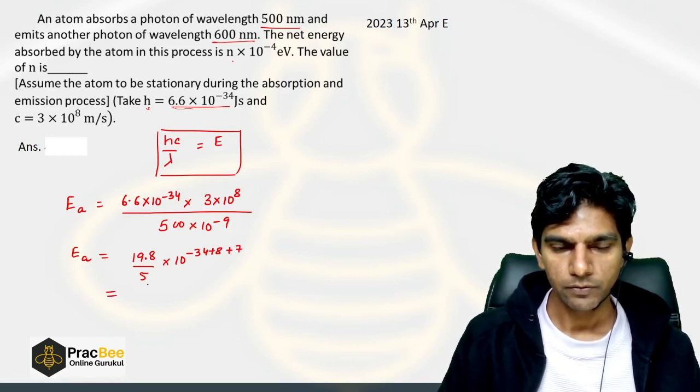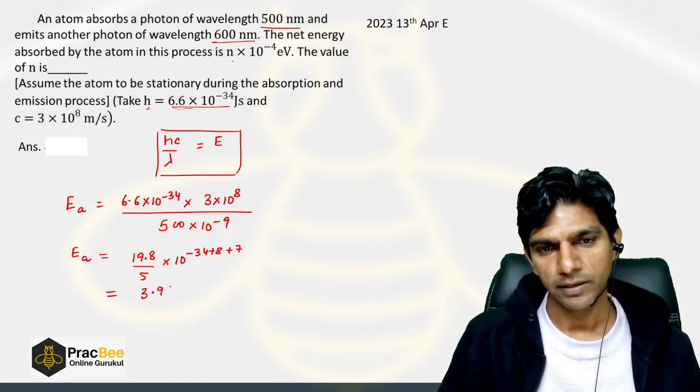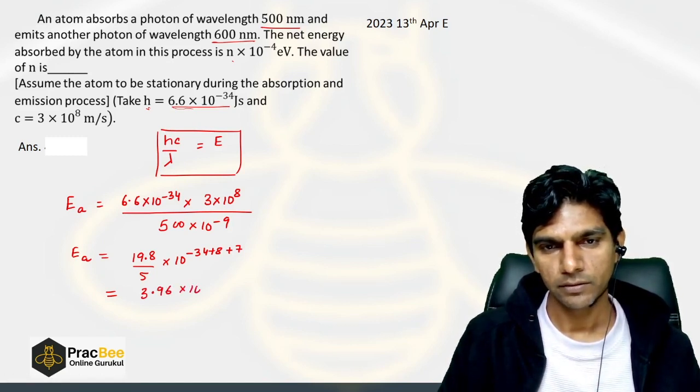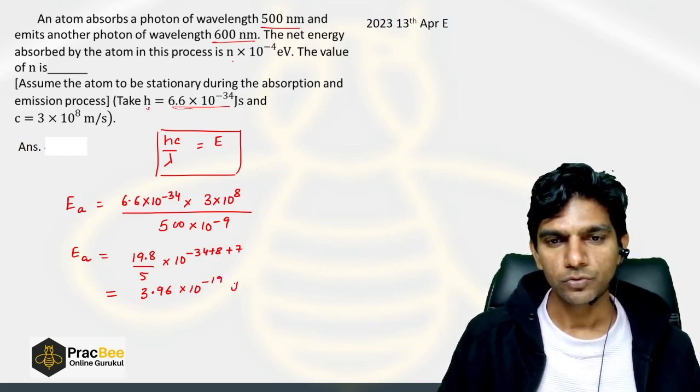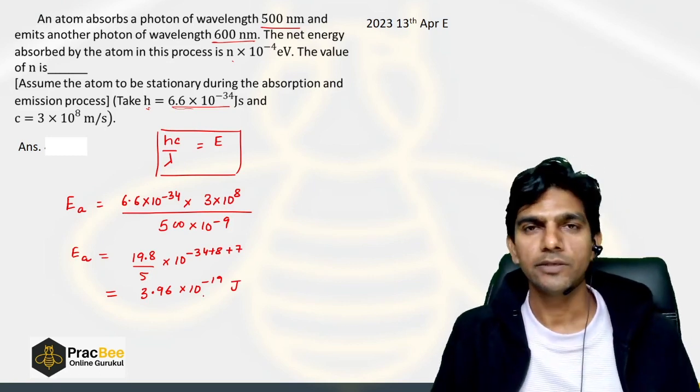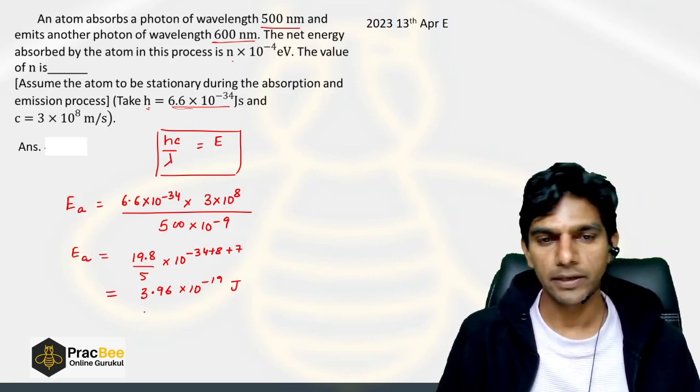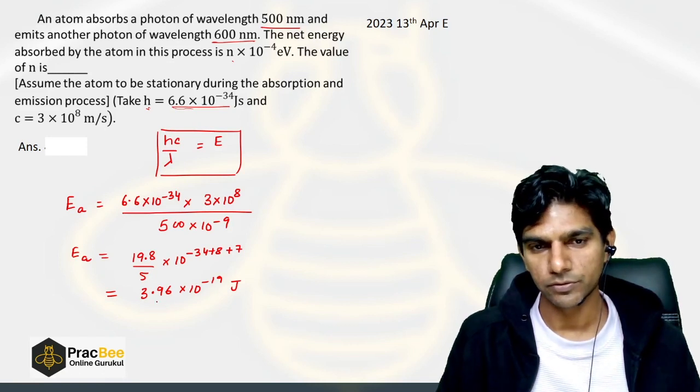So I can further simplify this. This will be 3.96 into 10 raised to power minus 19. Now it is in joules. If I want to convert this into electron volt, I have to divide by the charge of the electron.